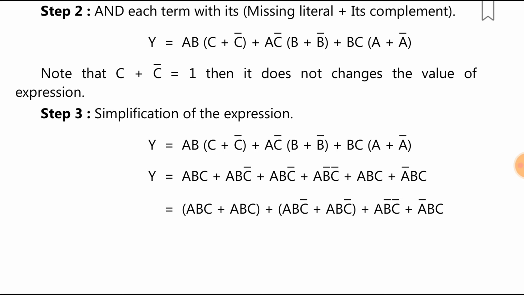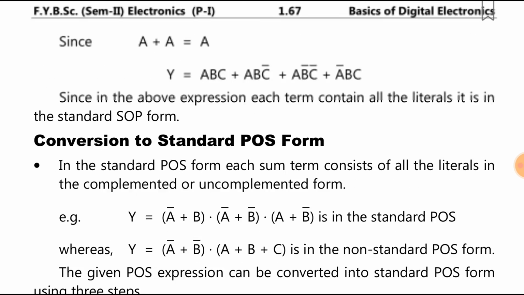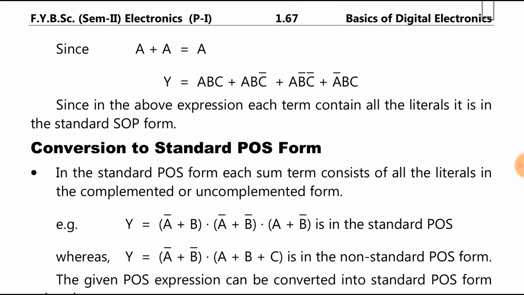Since we know that A + A is A, I can write ABC + ABC is ABC, ABC bar + ABC bar is ABC bar, and the rest of the terms as they are: AB bar C bar + A bar BC. Since in the above expression each term contains all the literals, it is in the standard SOP form.